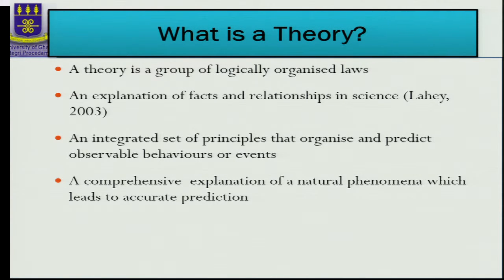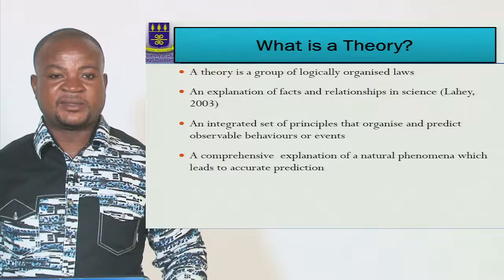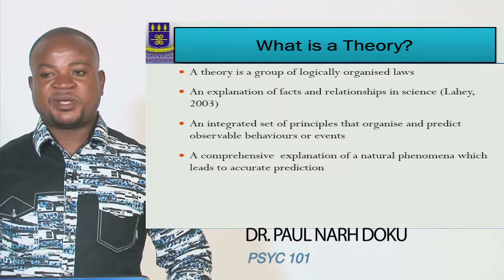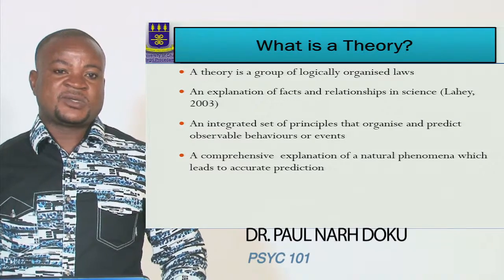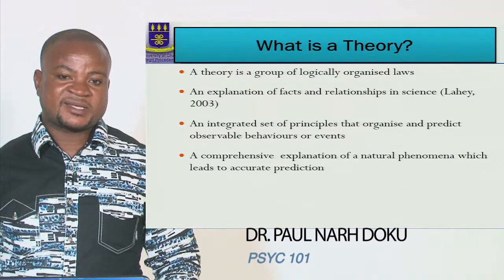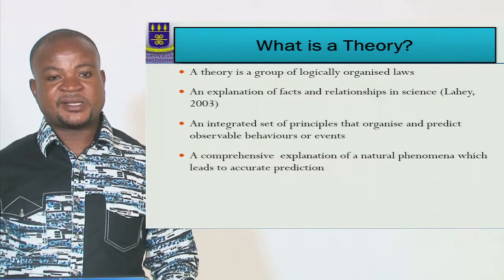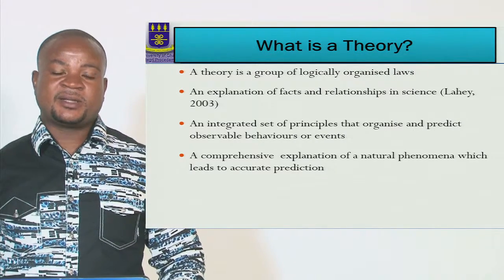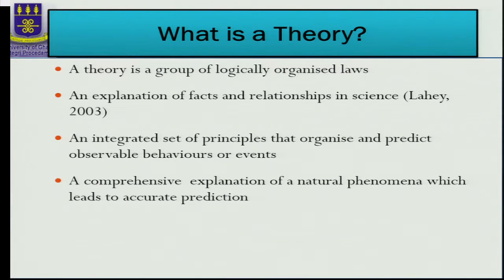If you have facts that support this hypothesis, and it has been supported over and over again, then it becomes what we call a theory, more or less an organized law, which we use to explain much of the behaviors and mental processes that we have. So a theory is an explanation of facts and relationships in science. It's an integrated set of principles that organize and predict observable behavior or events. So that's what we should note about a theory.